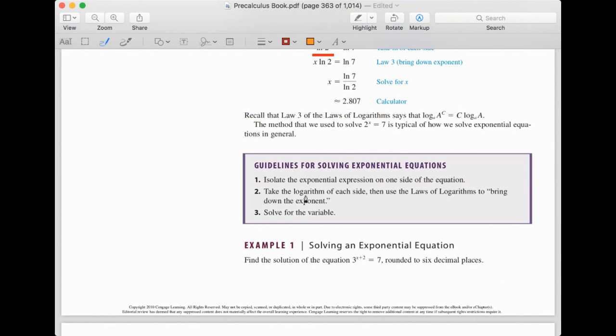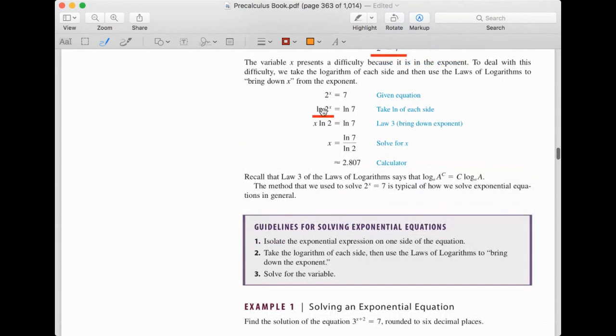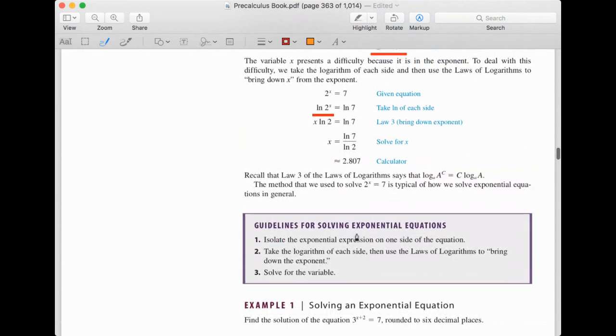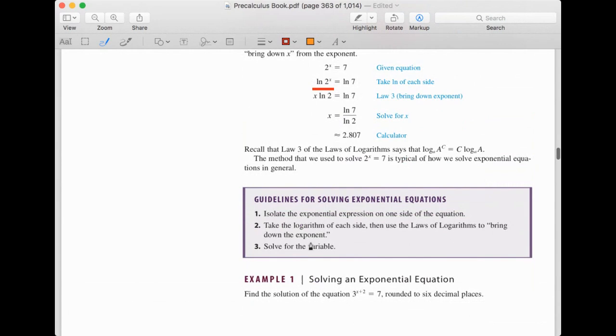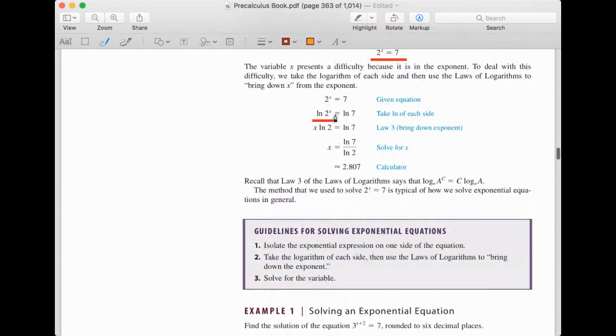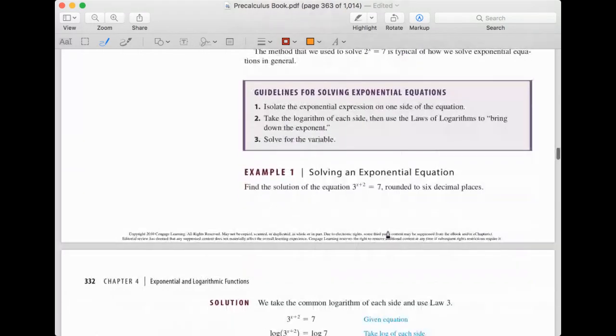The second one, take the log on both sides. Take a ln on both sides. Then bring down the exponent, up front of ln. Then solve for the variable x. Let's see more examples.